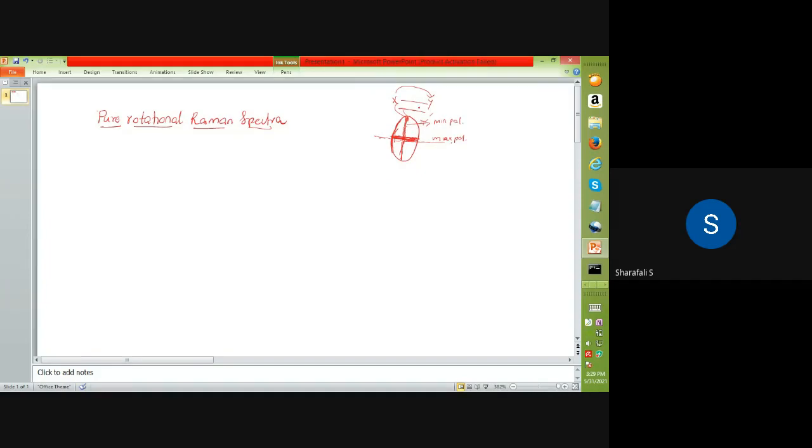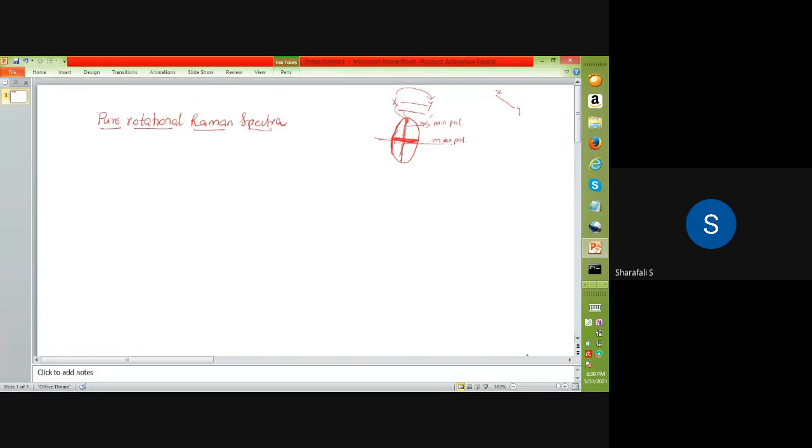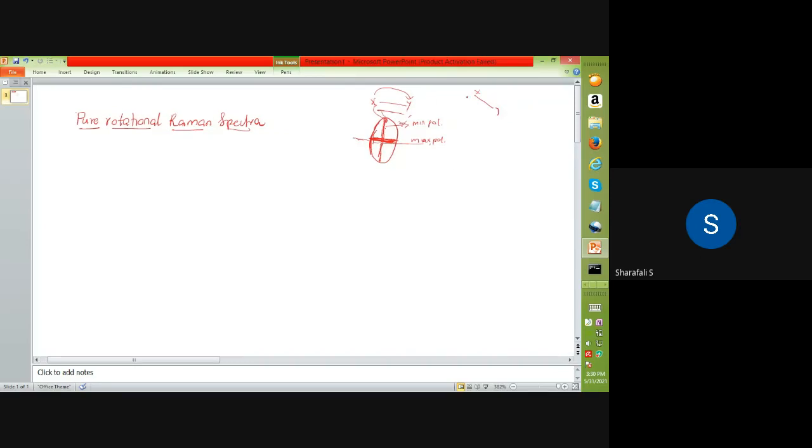Now, if you are rotating that particular molecule, for example, at this angle, then your polarizability ellipsoid will also change, and you will get a different one.